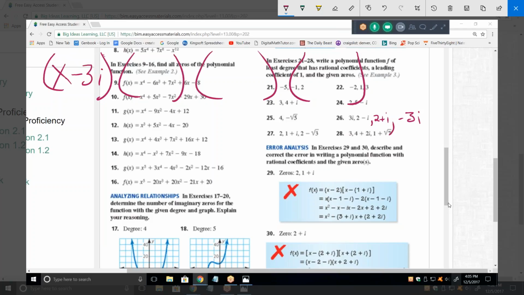Okay. So then the next one is x minus, yeah, let's put the two complex pair factors together because we're going to multiply these two together first because they're going to eliminate all the i's. Okay. Let's put these two together. x minus 2 plus I, and then x minus 2 minus I. Okay.